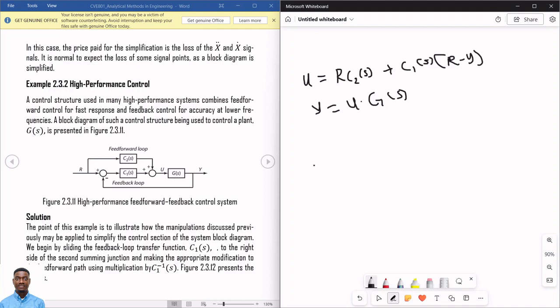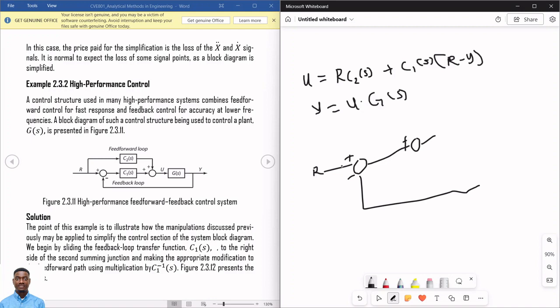So let me just do a small sketch of that if I would. So I'm going to have R, this line. I have my sum junction plus minus here. So Y is still coming from this part. So now I have moved C1S over this sum junction.